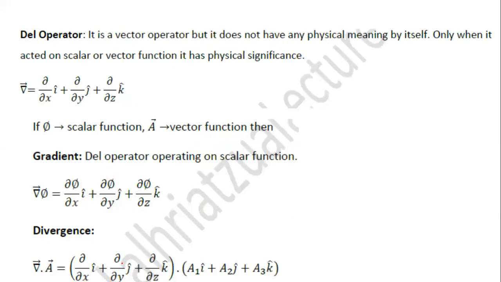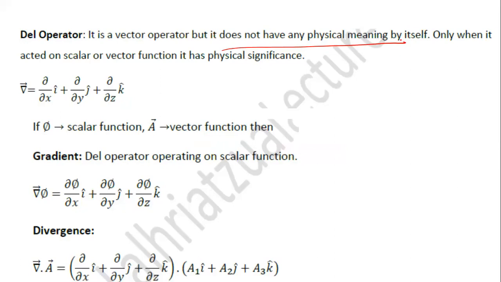Now we have a del operator. So it's a vector operator in the sense that when this del operator operates on scalar quantities, it becomes a vector, right? It does not have any physical meaning. So if you ask me what is the physical meaning of a del operator as it is, it does not have anything, right?